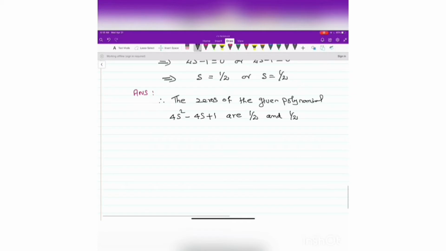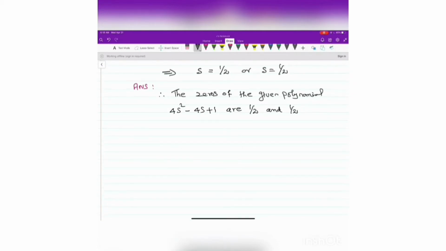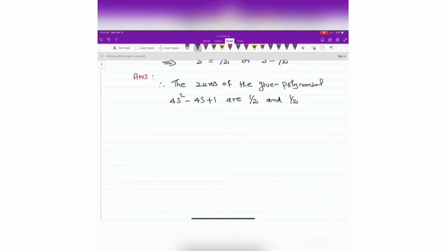Now the second part is, you have to verify the relationship between the zeros and the coefficients of this particular polynomial. So, let alpha and beta be the zeros of the given polynomial 4s square minus 4s plus 1.